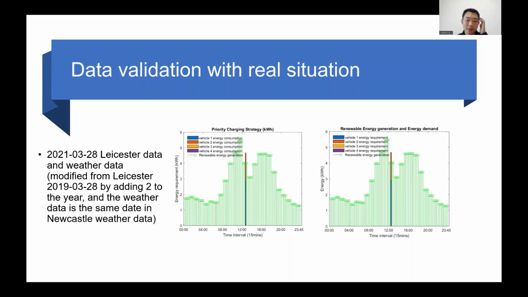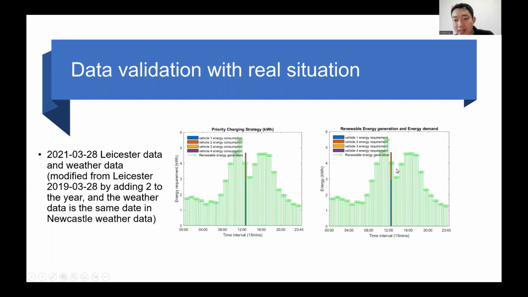So to see what happens: on this day, there are two vehicles that want to charge at about 12 o'clock. But at that time we don't have enough renewable energies, shown by this green line. So if we don't take any actions, we need to borrow energies from the main grid.